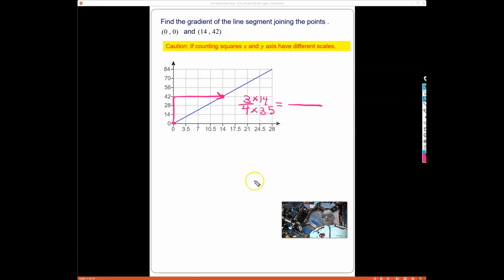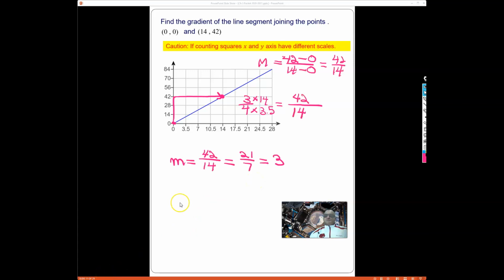And then that would give me my correct slope. So you can see my slope is actually 3, once I take into consideration that the scales are different. Now if I did it using the numbers up here, then I don't have to worry about that. The point I wanted to make is, if you're counting, you have to be careful. You need to take into consideration if the scales are different on the x and the y axis.